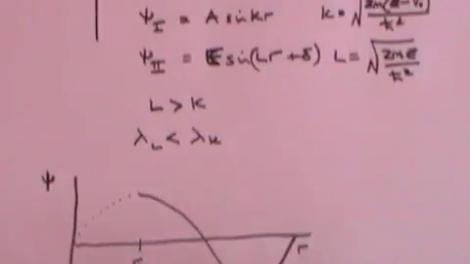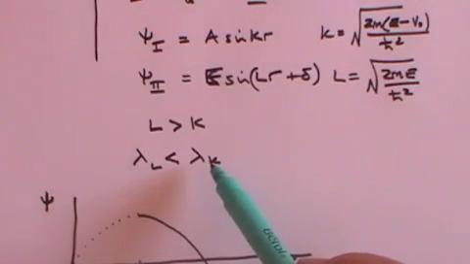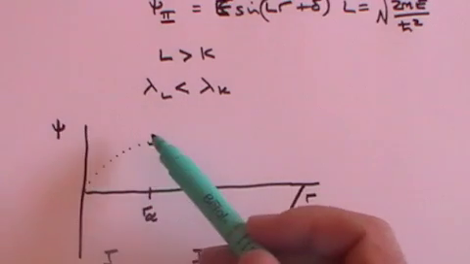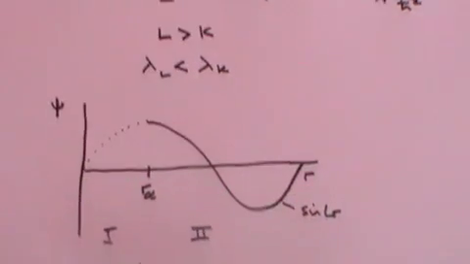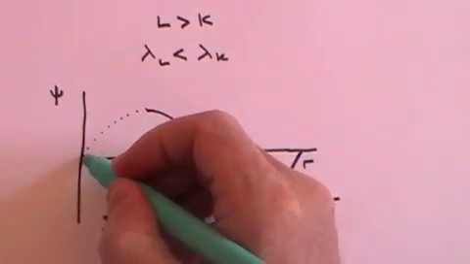It doesn't actually exist in region 1, but if it did, that's what it would do. Okay, that's the sine LR wave. Now, the wavelength of that wave is less than the wavelength of the K wave, which is the wave which operates inside region 1. So that wavelength is going to be greater.